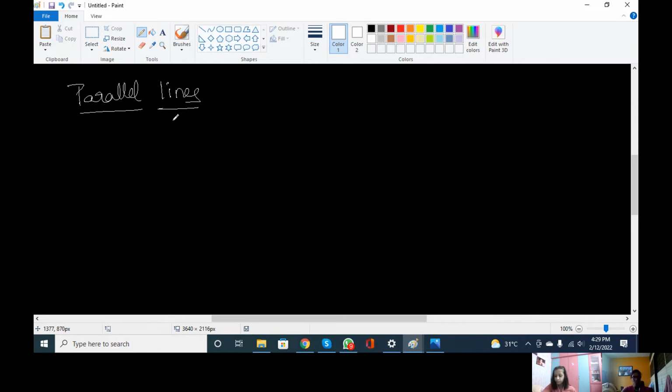The lines which lie in the same plane and do not intersect at any point of time are called parallel lines. See, plane means what? We discussed. Plane is a smooth surface. This is a smooth surface. Now I have drawn two lines. Line AB, line CD. These two are two lines on the plane surface.